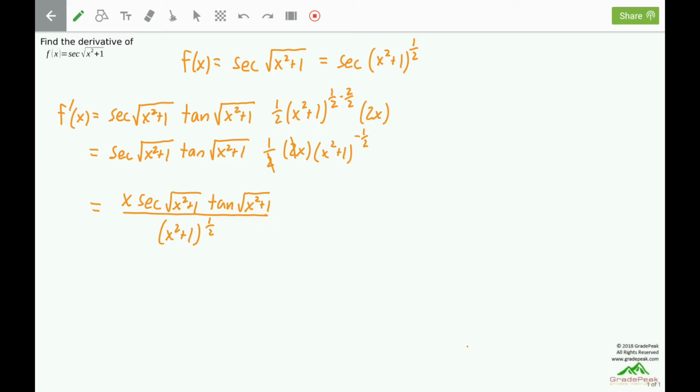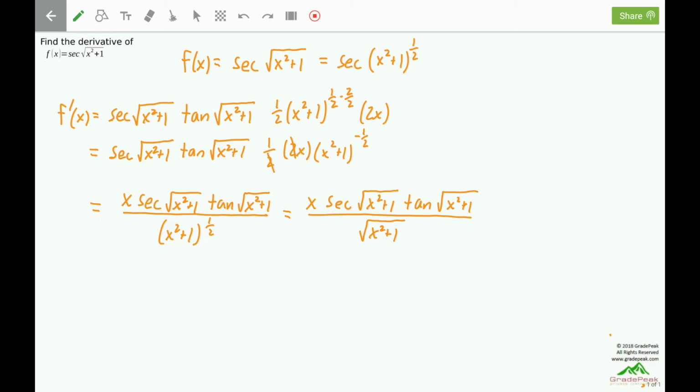Of course, positive 1/2 means first power and second root or square root, so we can rewrite one more step. X secant of the square root of x squared plus 1, tangent of the square root of x squared plus 1, the entire thing divided by, rewriting 1/2 power as square root, also of x squared plus 1.